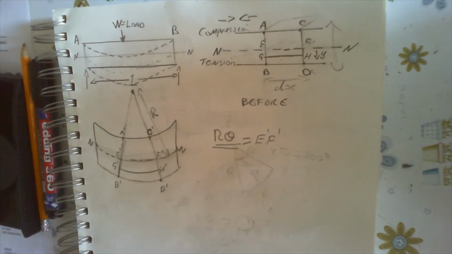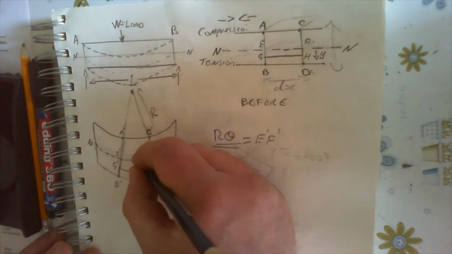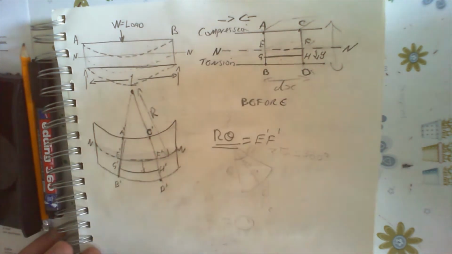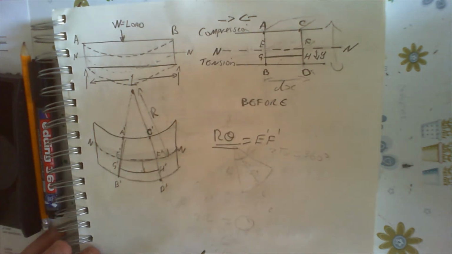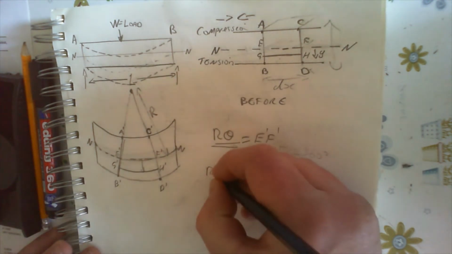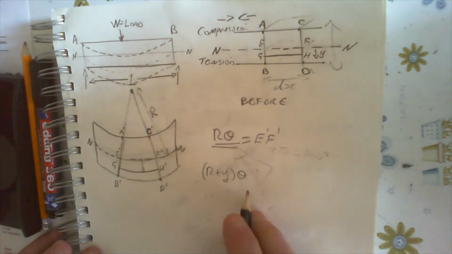If we imagine this has a length to go to here, it's this Y here, so this distance is going to be R plus Y times the angle in radians.